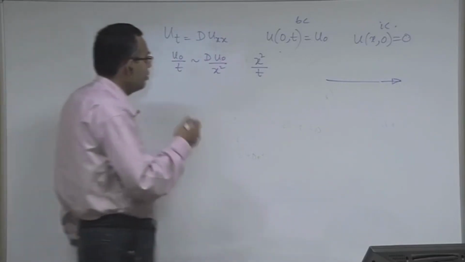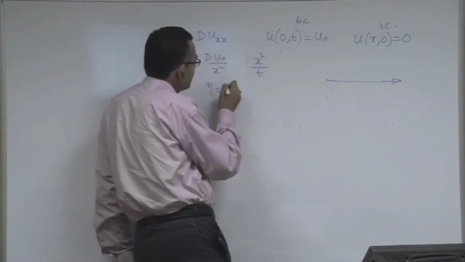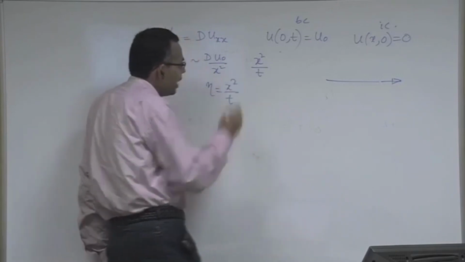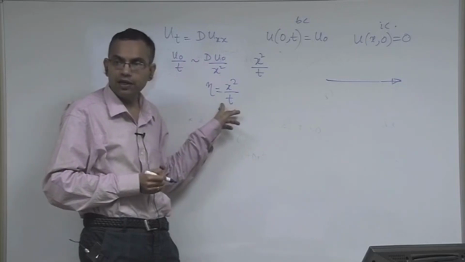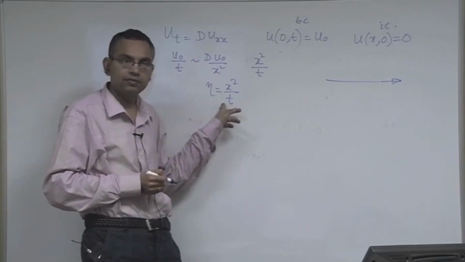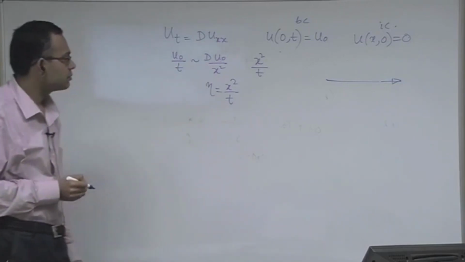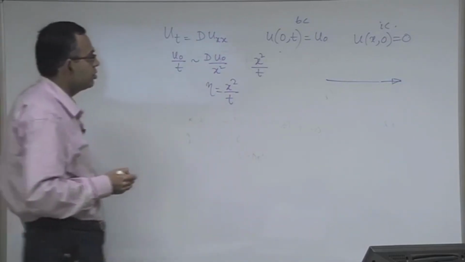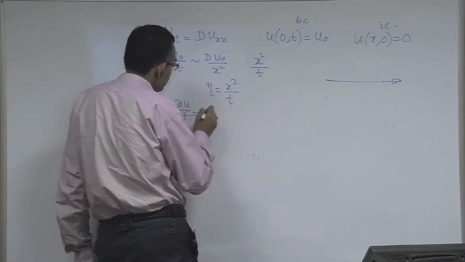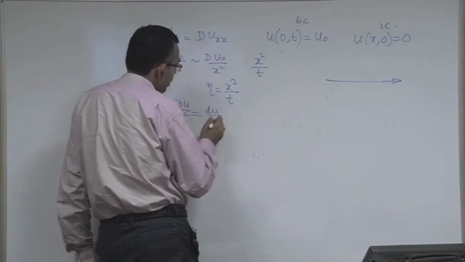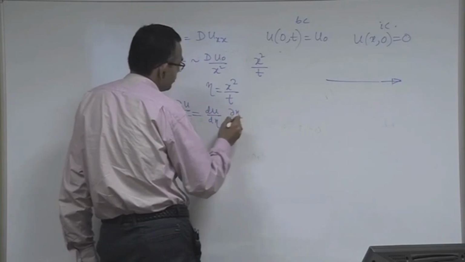So now just by looking into this, you can select a variable eta equal to x square by t. This is not a dimensionless similarity variable, but this is a similarity variable with a dimension involved with it. So you can write del u del t is equal to du d eta into del eta del t.